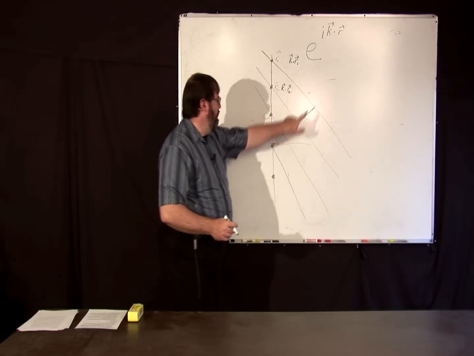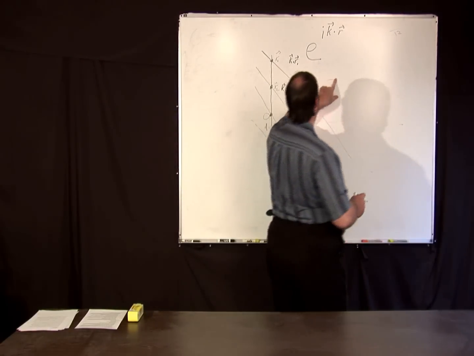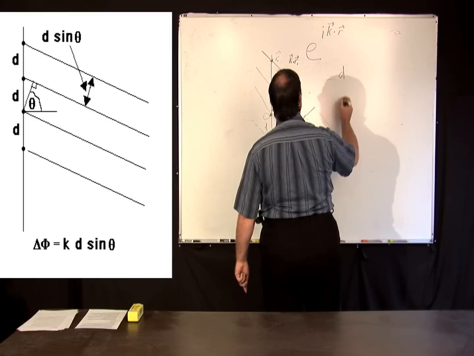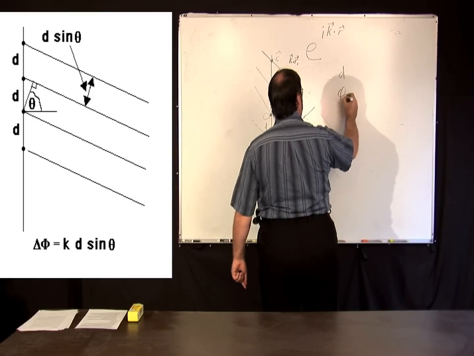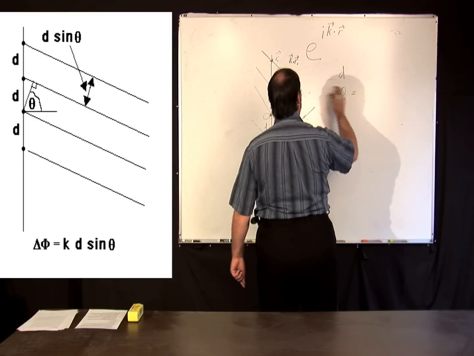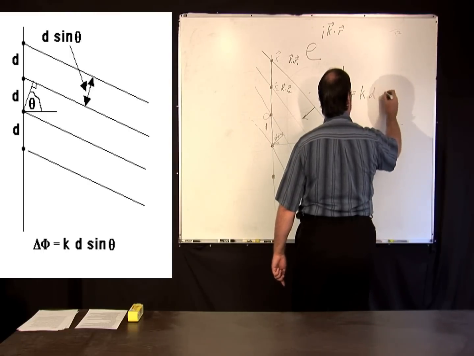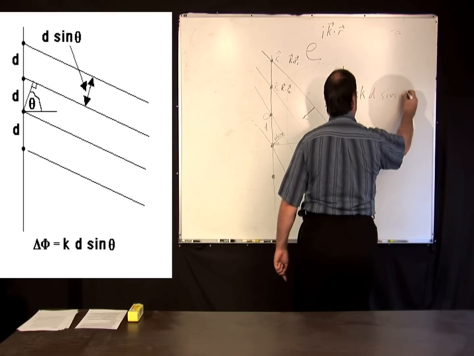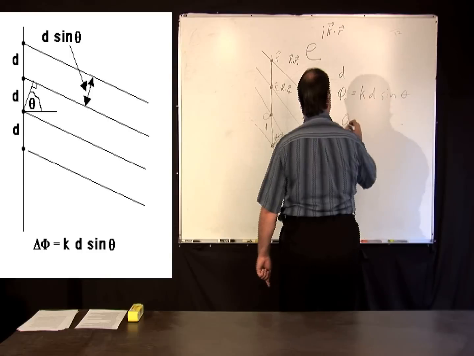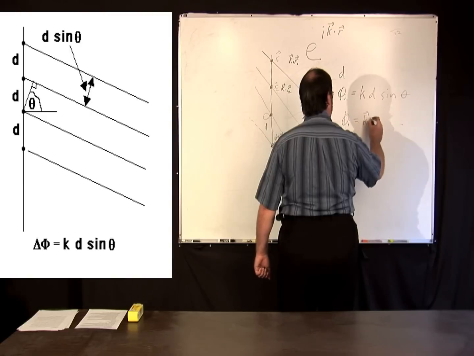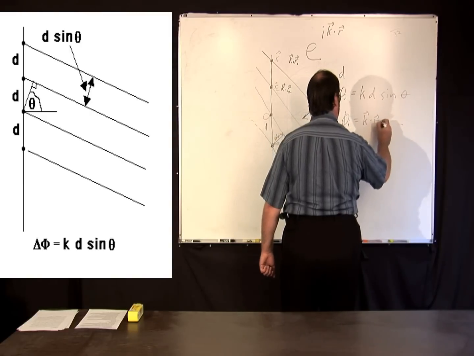So if they're evenly spaced with spacing d, then the phase at each element is kd sine theta, or the phase at each element, same thing, is k dot ri.